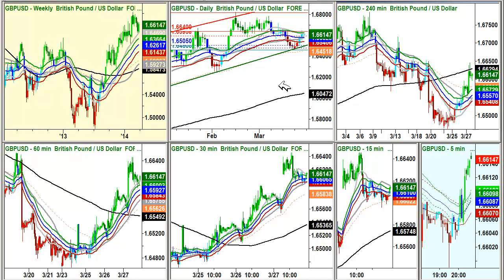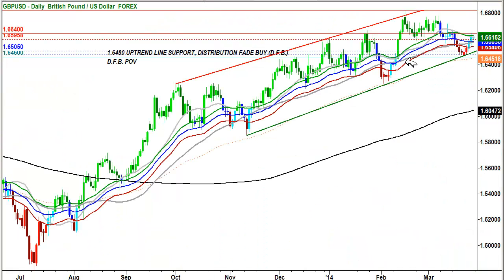Not the same kind of quality trend, but this was actually a channel up pattern distribution fade. In other words, we had support from the channel up, faded the 165 handle, and here we are about 110 pips above that entry. So really nice follow through coming into our non-negotiable 66.40 profit target. We're locking in about 135 pips here. Really nice trade to the upside.